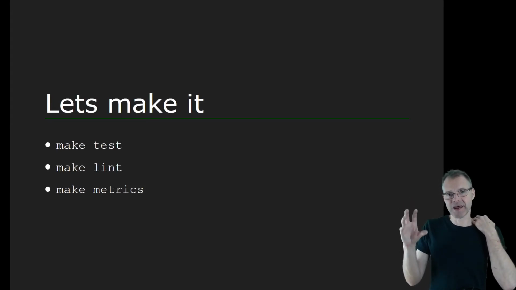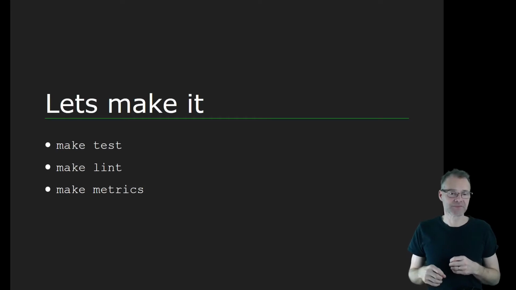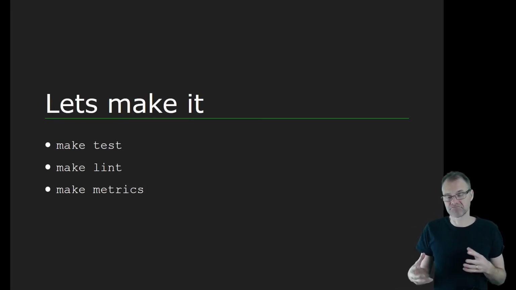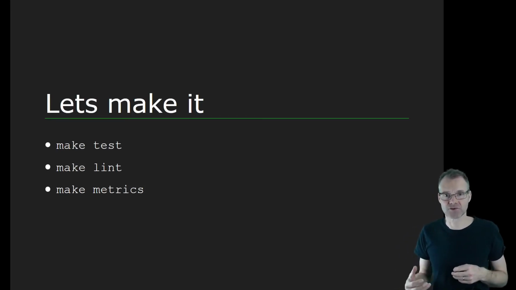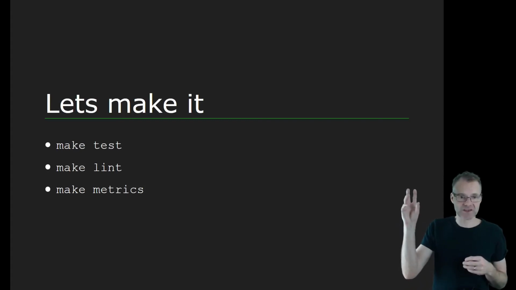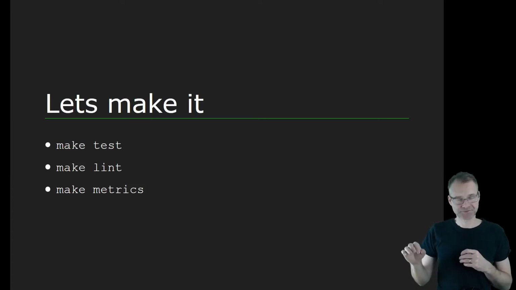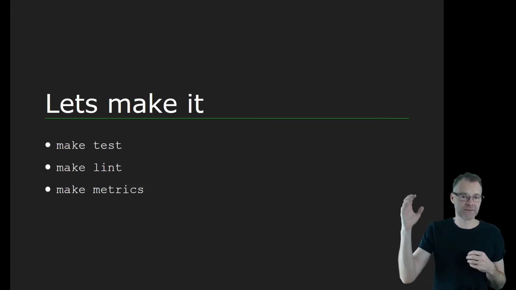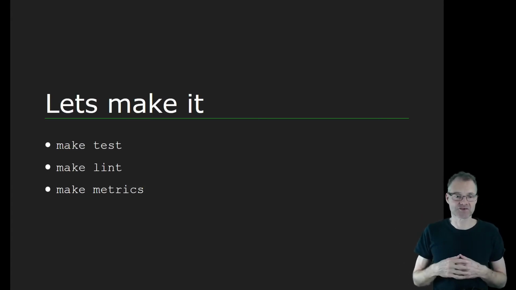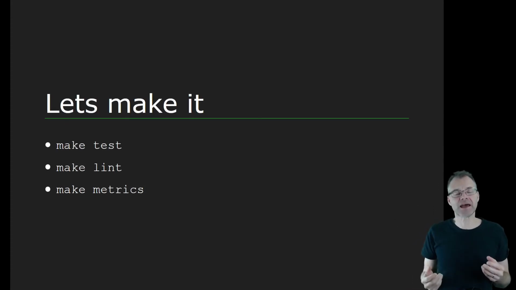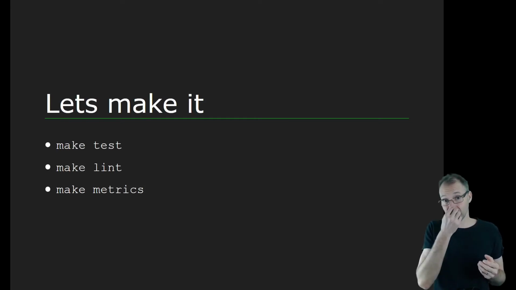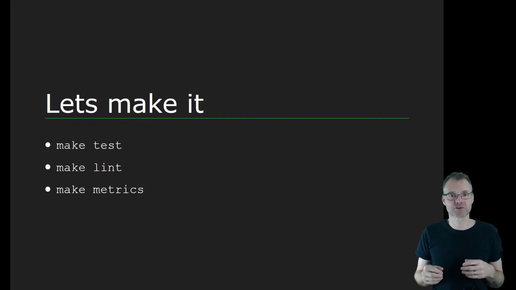So I'm using Make here as a build tool, and if you have another programming language, you might have another build tool. This is just saying, okay, let's have a make test to test the software. Have a make lint, to make the linters run. Let's have a make metrics that calculates all the metrics and maybe visualizes them in a report to make it easy for me to understand them.